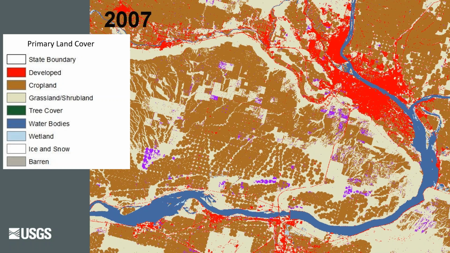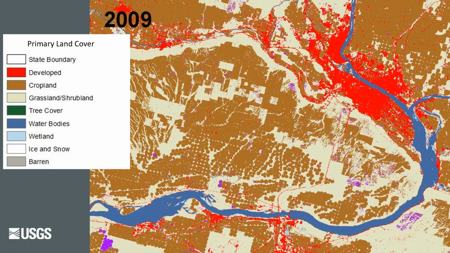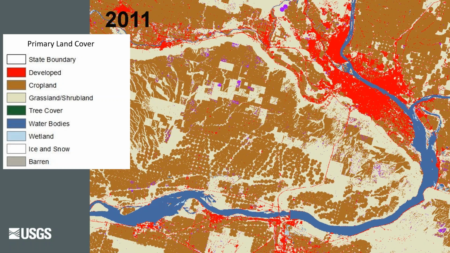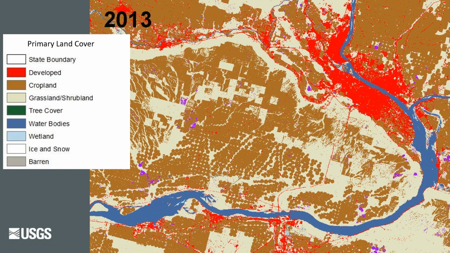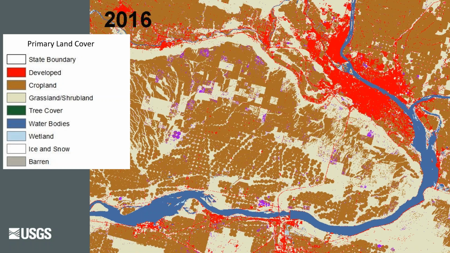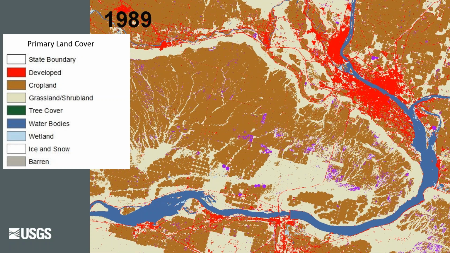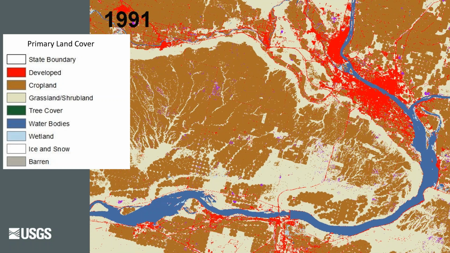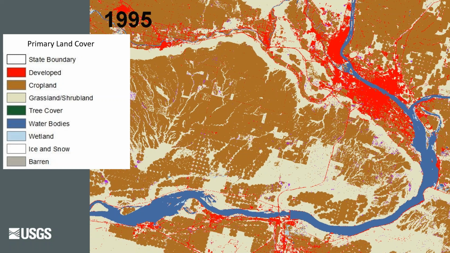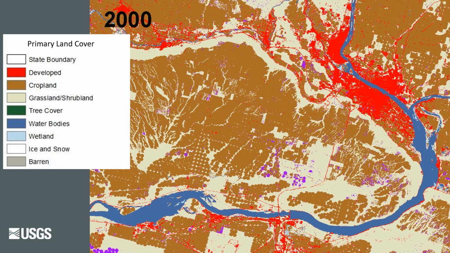You can see where some square fields are being cropland is heading out of there and it's turning into more of a grazing situation. There's also an increase in irrigated agriculture, shown in the center pivots that are flashing up purple through this time series. We also have a bit of urban or developed growth in the cities shown in this window.